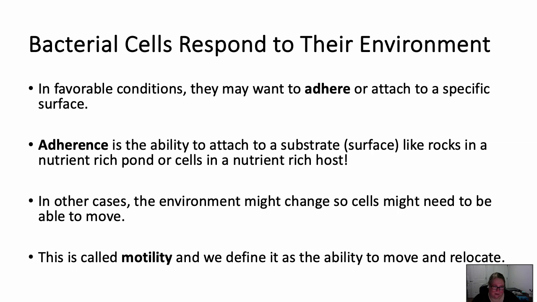They need to unadhere from their substrate and they need to literally relocate. We call this ability to move and relocate motility. A large part of this chapter section is going to be about motility structures, the structures the cell uses to move and how it uses them to move, and the structures that bacteria use to stick to surfaces.